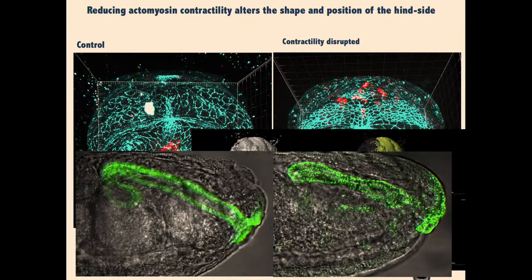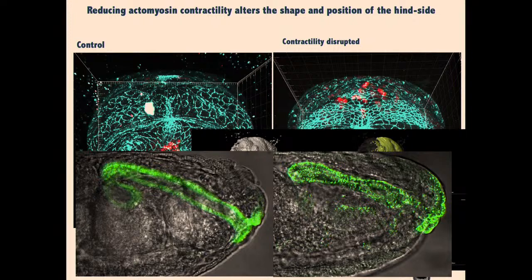Okay, so the consequence of either perturbing contractility or perturbing just the actomyosin cable is that the tissue doesn't get positioned to the same place finally. And what you'll see here is a lateral view of the embryo. This is the hind end, right? That's actually the anus of the fly larva.